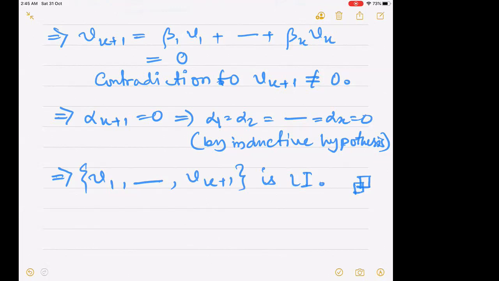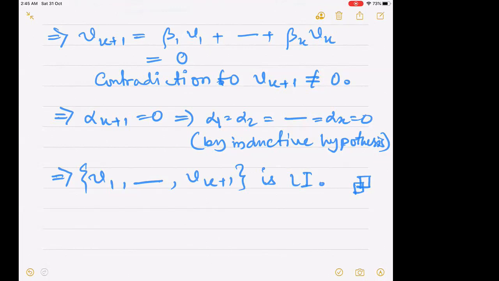So what it says is that if there are k distinct eigenvalues, then there will be k linearly independent eigenvectors.